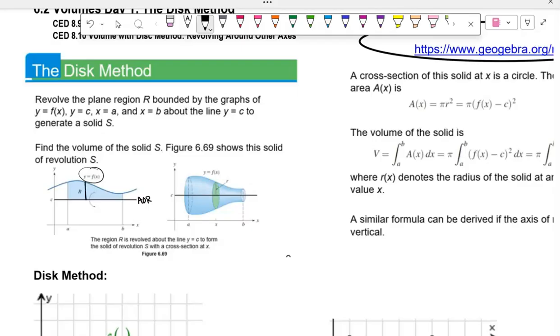We can think the same thing that we've been doing for areas under the curve, where we've got two curves right here. We've got the top curve, which is f of x, and then our bottom curve, which is my axis of revolution. In this case, we've got C right here, so we could call this y equals C.